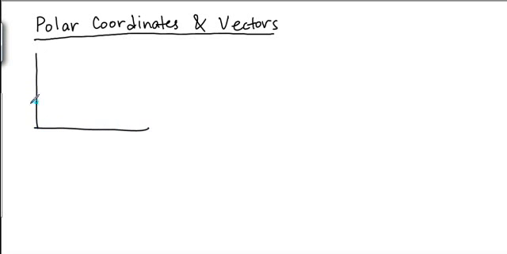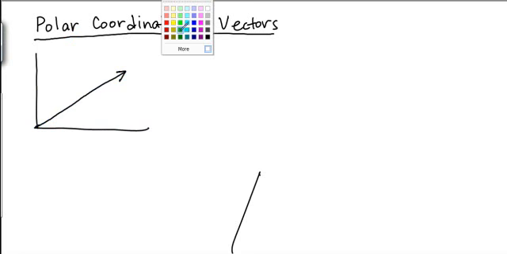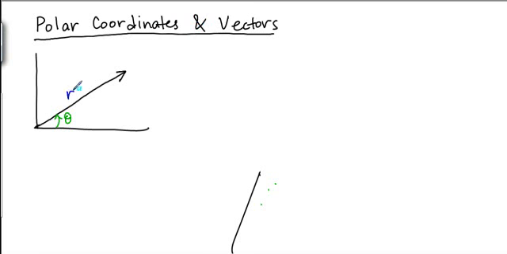If I have a vector, and I call this angle theta, and call this distance r, this is for vector u.